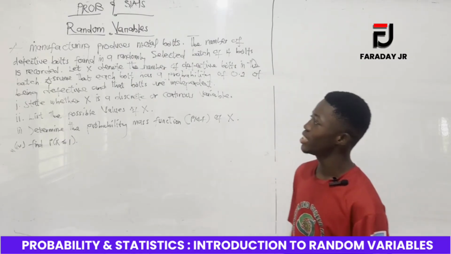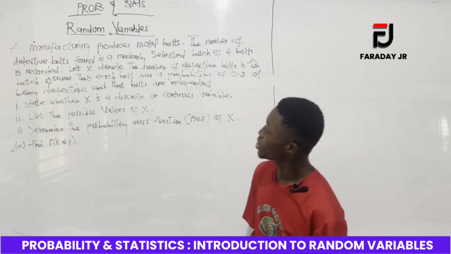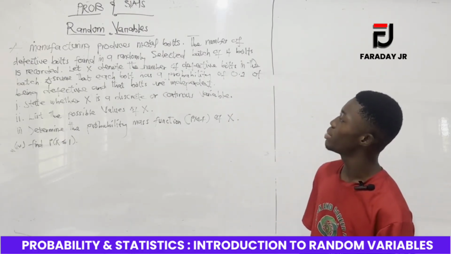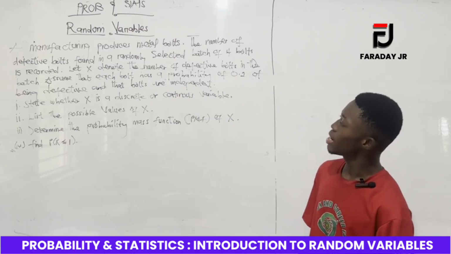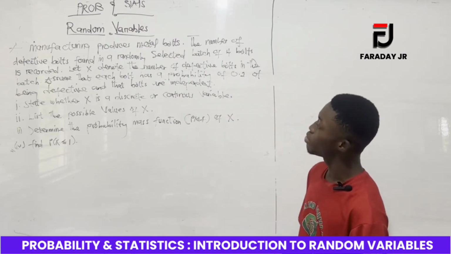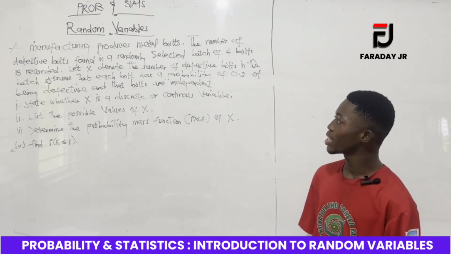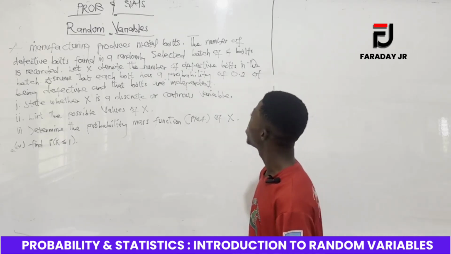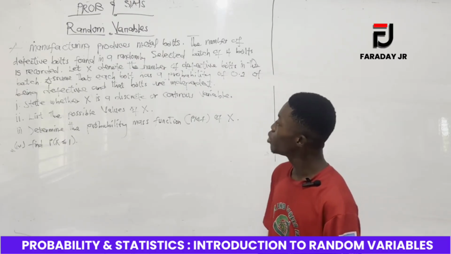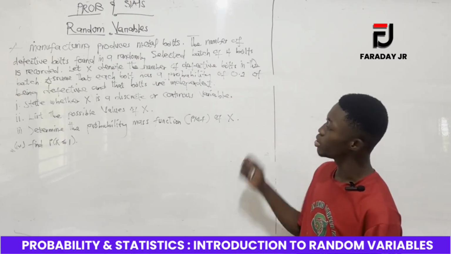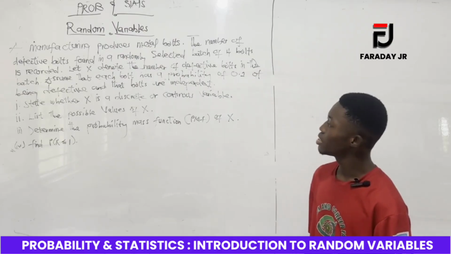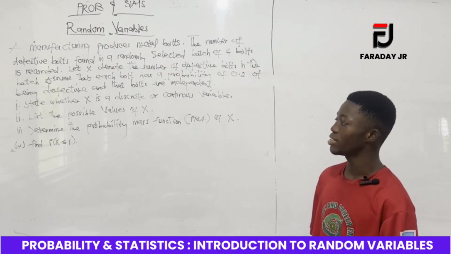Looking at this question, a manufacturer produces metal bolts. The number of defective bolts found in a randomly selected batch of 4 bolts is recorded. Let X denote the number of defective bolts in the batch. Assume that each bolt has a probability of 0.2 of being defective and that the bolts are independent.